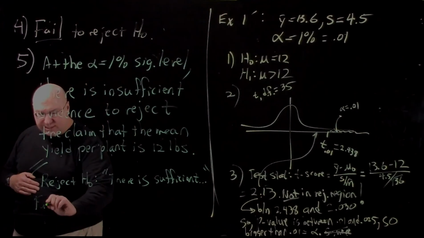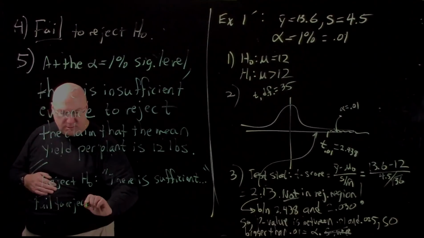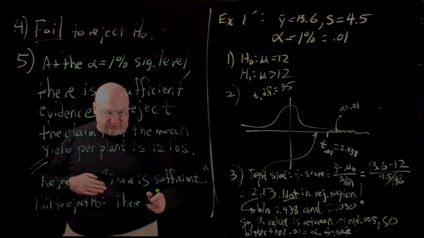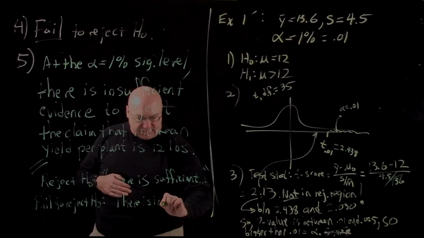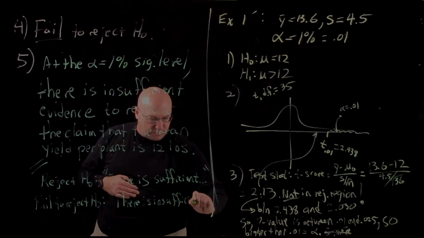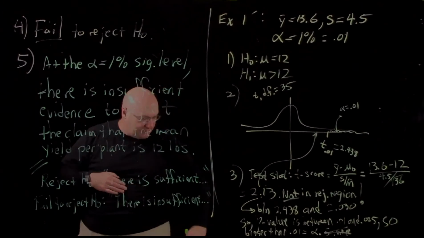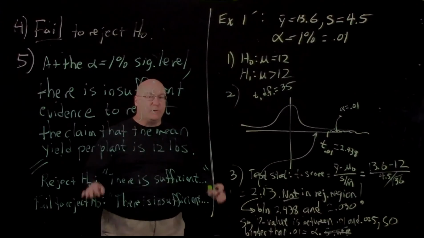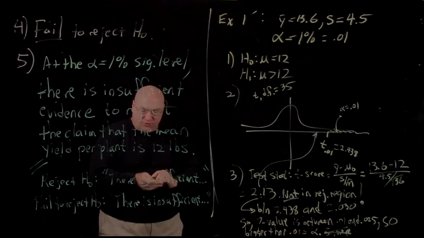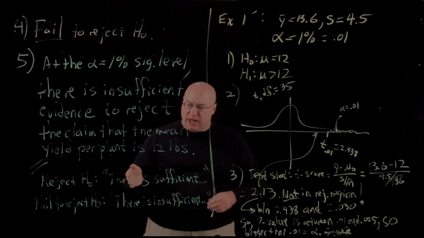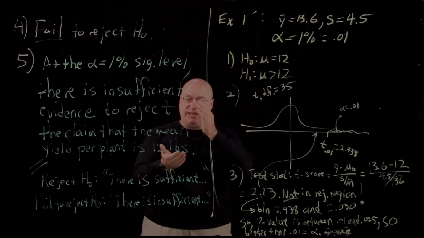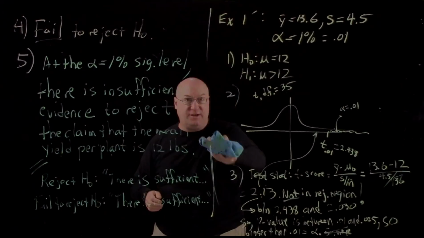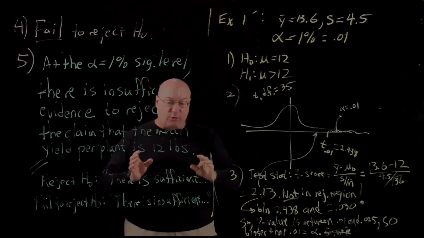If we fail to reject, we start with, there is insufficient evidence to reject the claim that is in H naught. If you remember that your final conclusion always refers to H naught, that I'm rejecting H naught because I have enough evidence, or failing to reject H naught because I don't have enough evidence, that will help you get it straight.